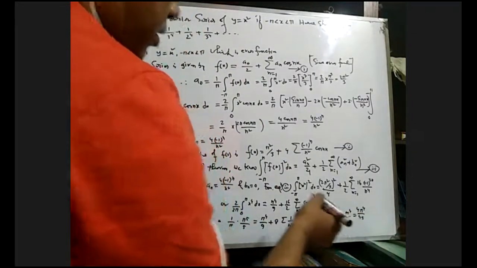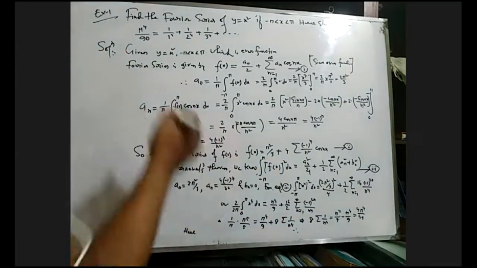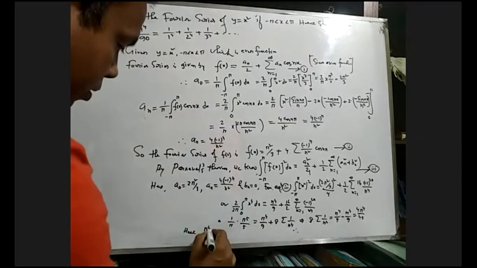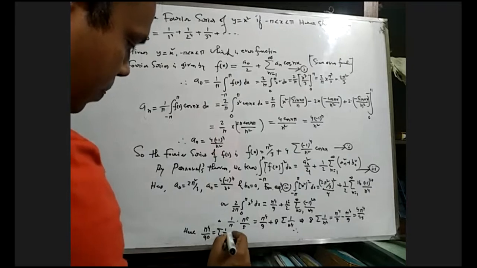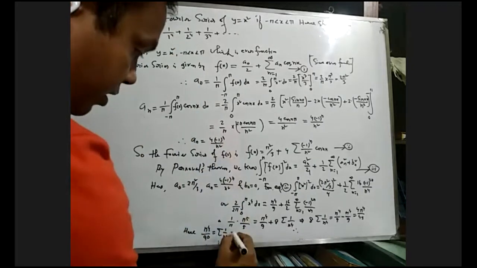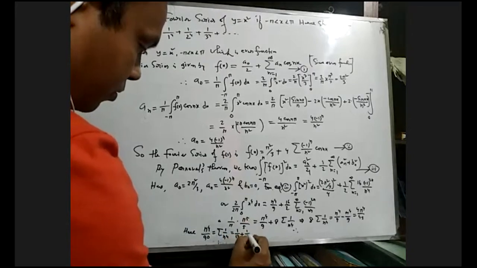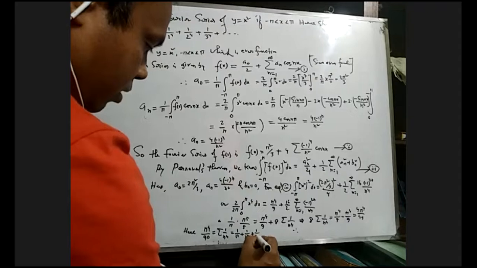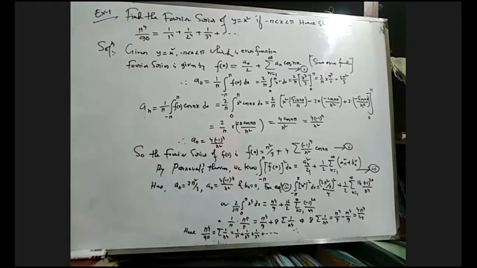Now, dividing by 8 on both sides, we get pi to the power 4 by 90 equals summation 1 by n to the power 4. So for every n, we can write 1 by 1 to the power 4 plus 1 by 2 to the power 4 plus 1 by 3 to the power 4 plus dot dot. This is actually the required series for us.